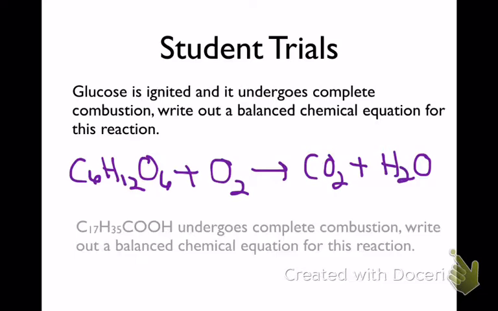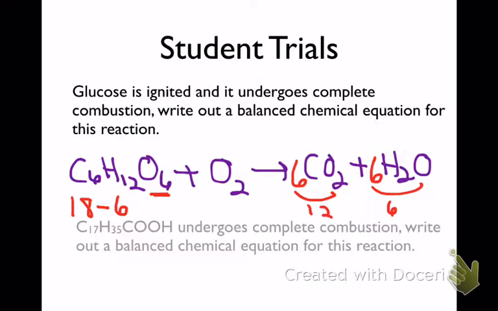And again, balancing these, you should be pretty much pros at this point. I'll go after the carbon first. I need 6 carbons on both sides. I went after the hydrogen. I wanted 12 on both sides. We'll leave the oxygen to the end. I've got 12 from the first term on the right side. I've got another 6 in the second term for a total of 18.